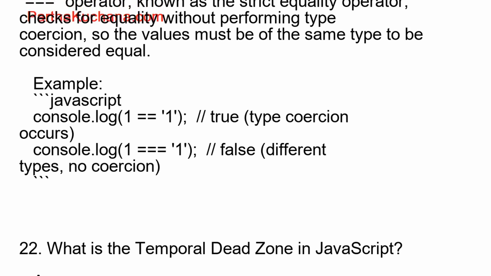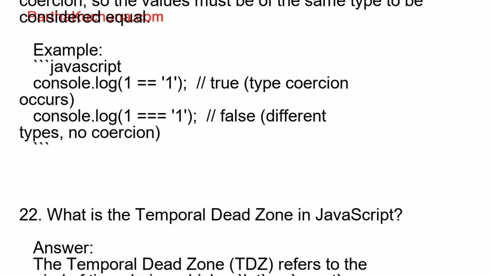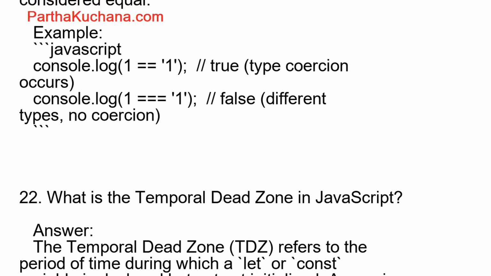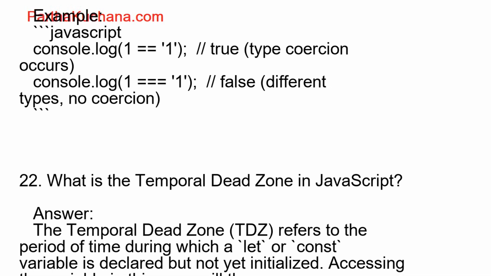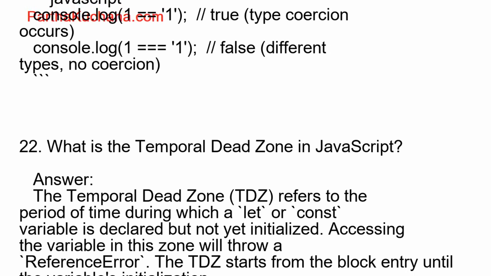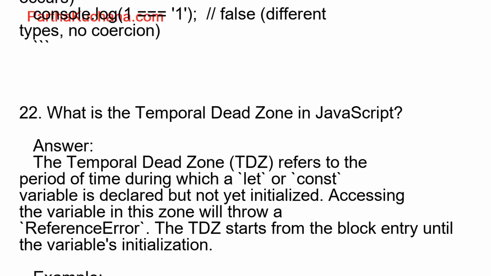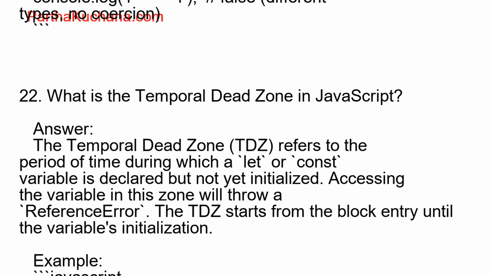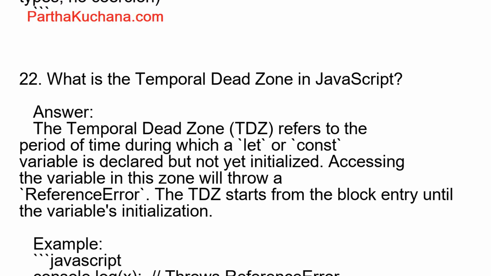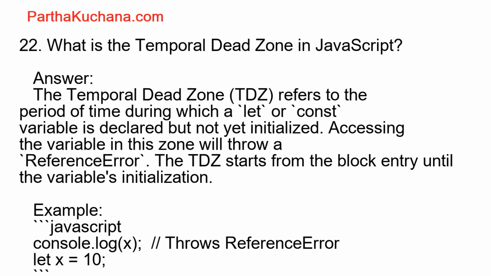Example, JavaScript. console.log(typeof 123); // outputs number. console.log(typeof "hello"); // outputs string. console.log(typeof null); // outputs object, quirk.